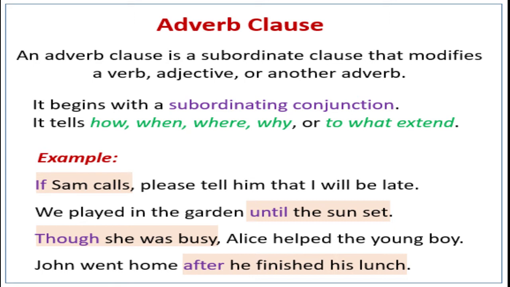Next, John went home after he finished his lunch. John went home is your main clause, independent clause. And see how your adverbial or subordinate clause is beginning: after he finished his lunch. Is it clear?